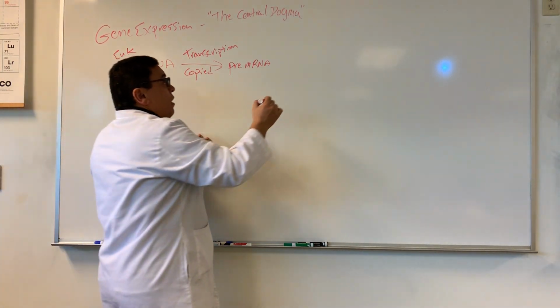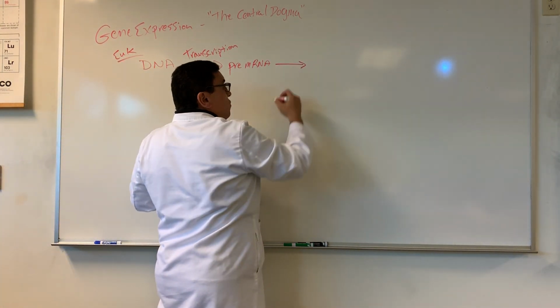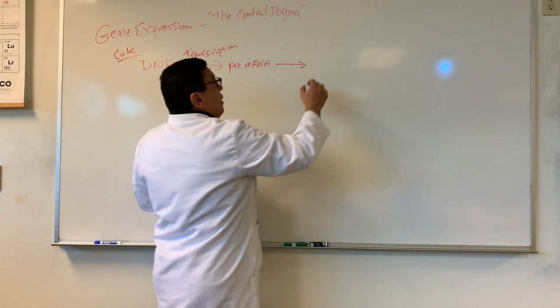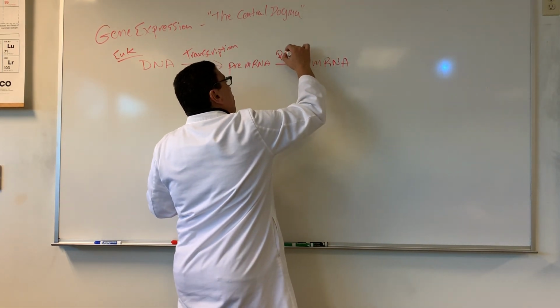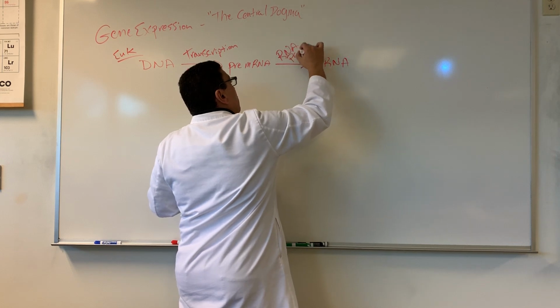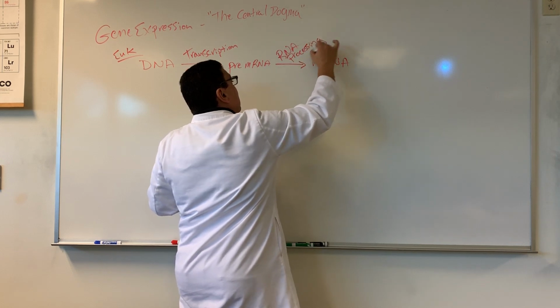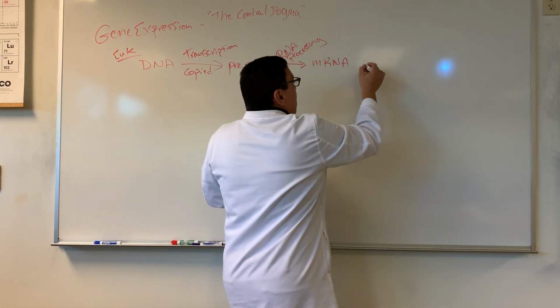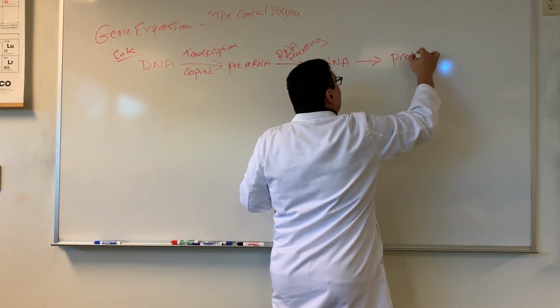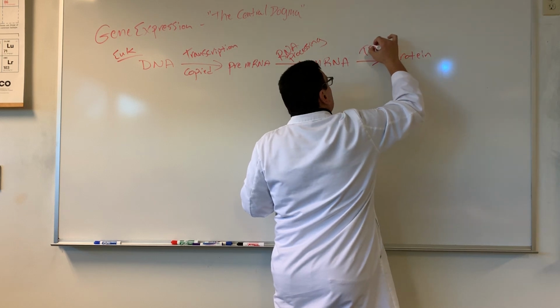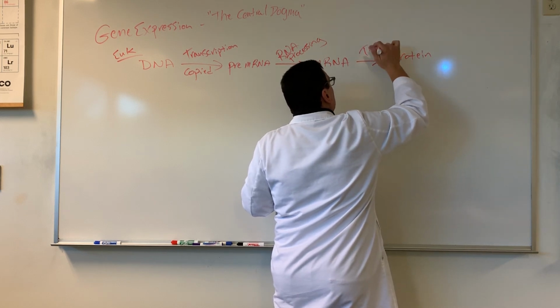Okay? Then the pre-mRNA is going to be processed into mRNA. And that's called RNA processing. Then the mRNA is going to be translated into protein, and that is called translation.